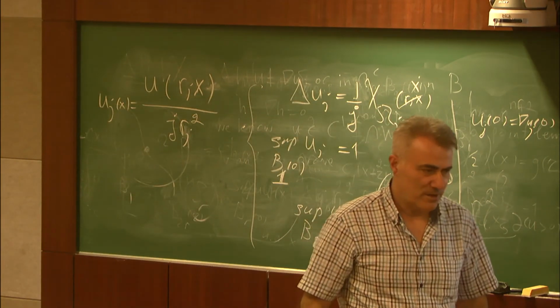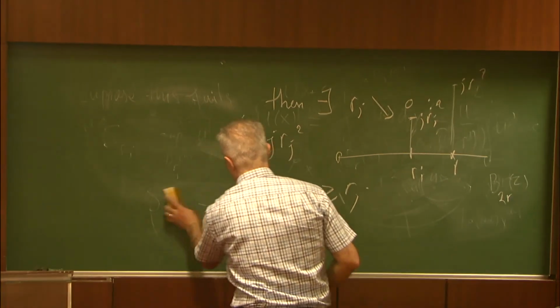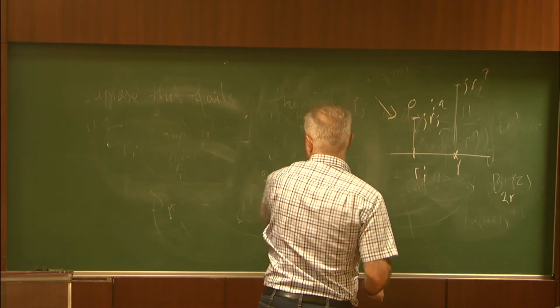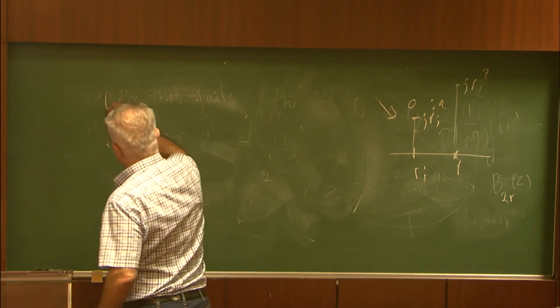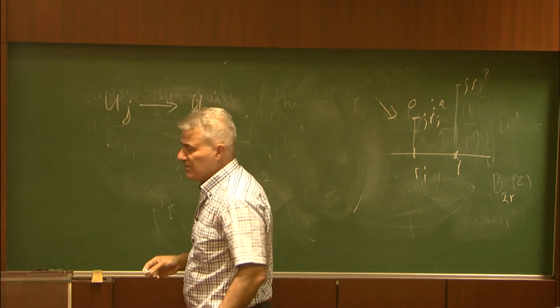But from here, we can actually claim the following. From here, we know that uj converge to a function u0 for a subsequence.